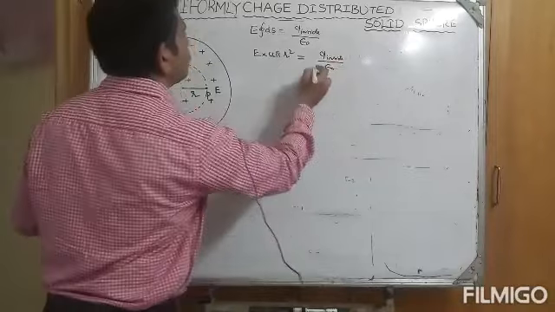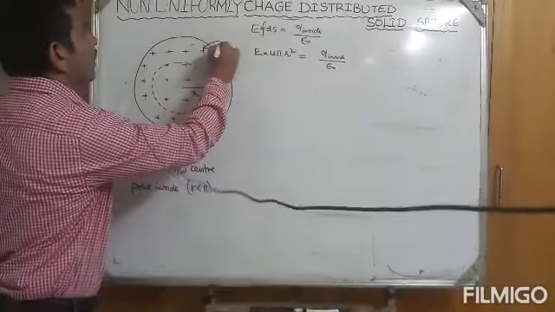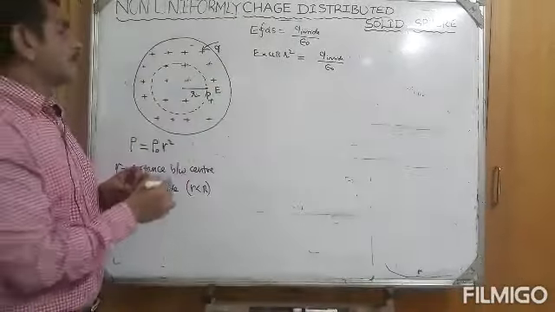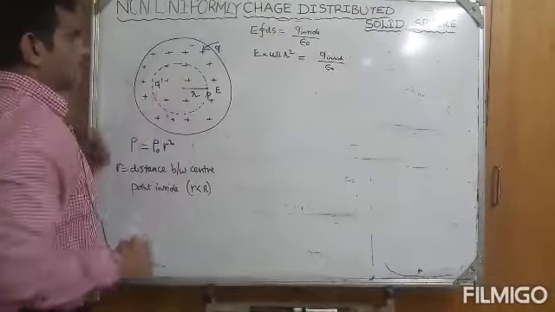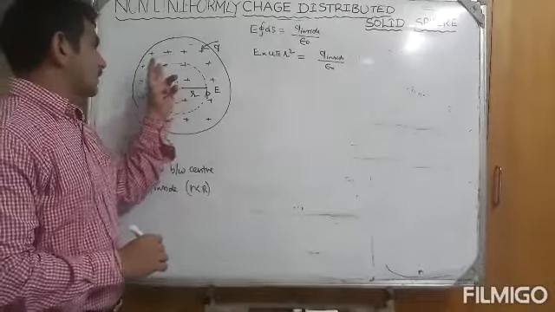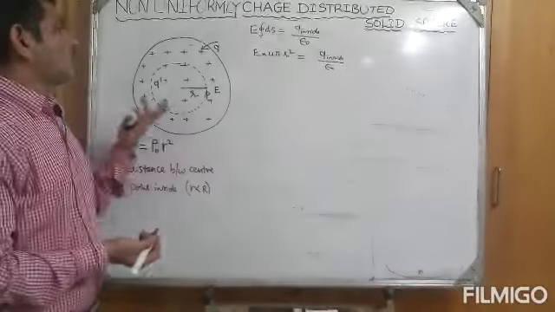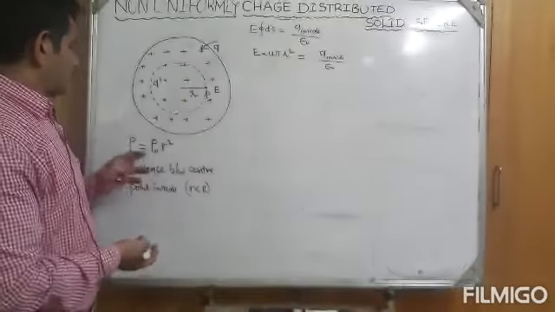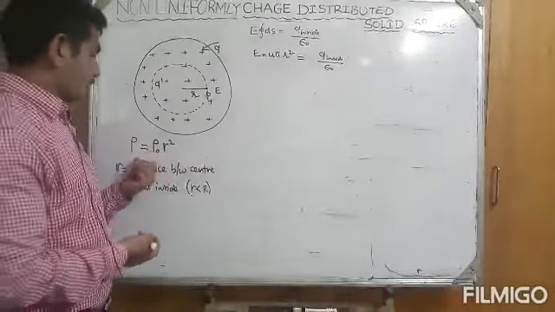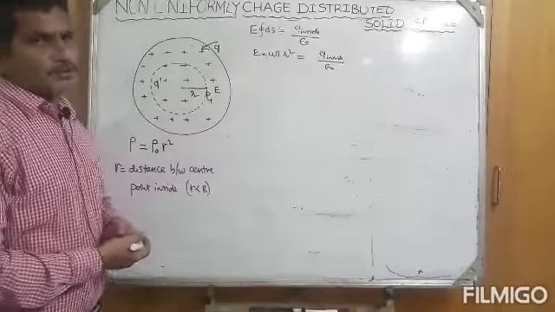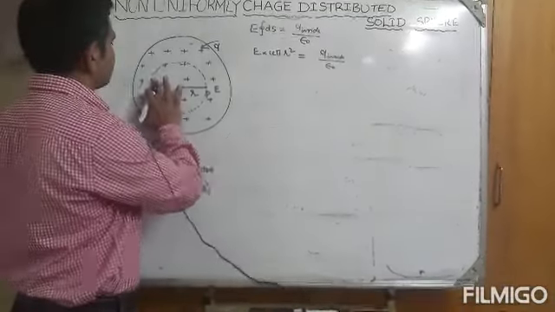You don't know how much charge is inside; call it q dash. To find q dash inside the Gaussian surface, you must follow one procedure, because the density changes with a certain function and is not constant.